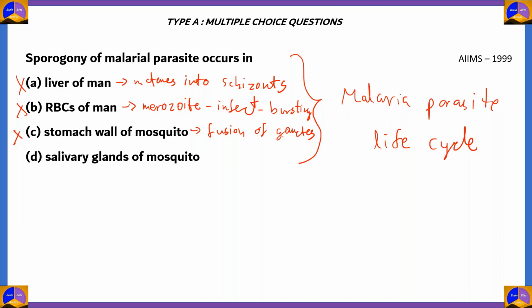But this fusion of gametes later forms sporozoites in the salivary glands. That is sporogony, the formation of sporozoites. And it is these sporozoites that are transferred when a mosquito bites a human being. That's why option D, salivary glands of mosquito, is the site where sporogony of malarial parasite occurs.